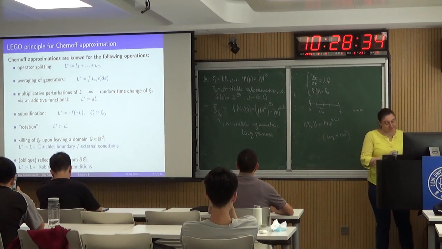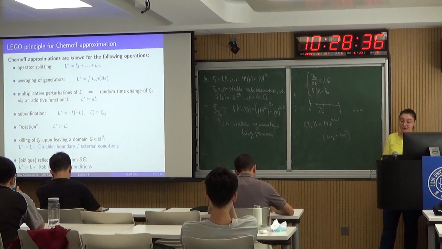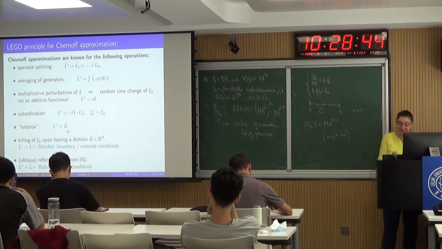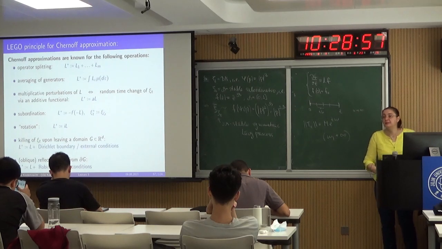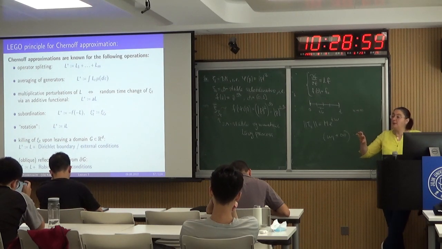Okay, we know Chernoff approximations for subordination, for rotation, that is, like from heat equation we go to Schrödinger equation, and for two things which are related to considering processes or operators in bounded domains, or not necessarily bounded, but in domains with some boundary conditions.